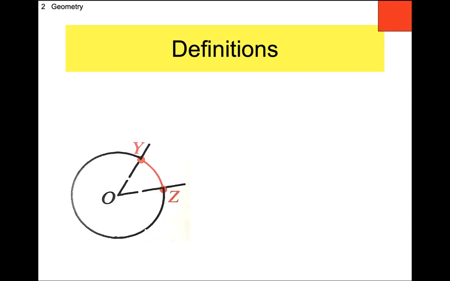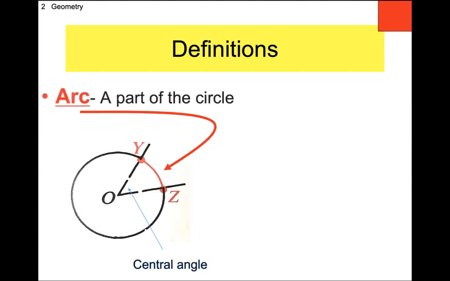However, it is one of the few times where we actually picked a really good word to describe it. This is called the portion of the circle formed by the central angle. So that red portion right there is called an arc. And the only definition of an arc is a part of a circle. And remember, the circle isn't the center. It's not the outside. It's just the round black portion. So if you take a part of that, the red part right there, you've got what's called an arc.